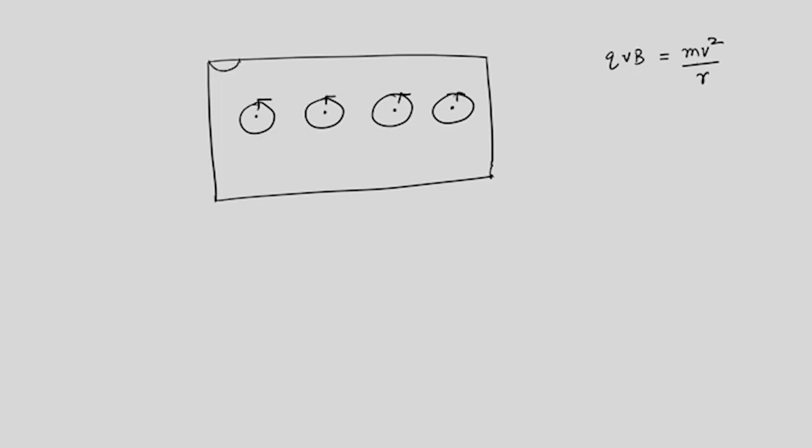At the edges, they do not get to complete full oscillations, and they become more energetic by scattering at the edges, and they drift because of the magnetic field. They drift from one edge to another.